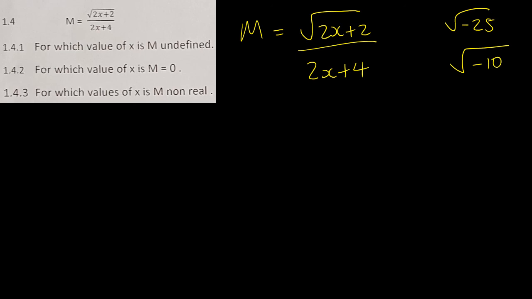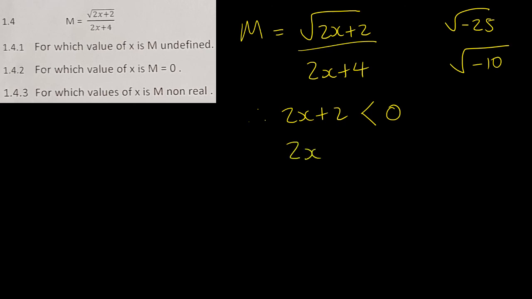Right? So basically the idea here is to make the 2x plus 2 that's inside the square root a negative number. So all I need to do is say 2x plus 2. Now in order for me to make it a negative number, that means it must be less than 0. Any number below 0, right? So less than 0. So all I have to do is treat it like a normal inequality.